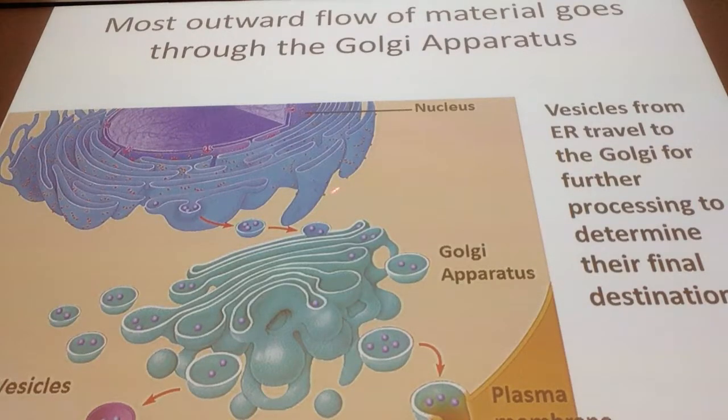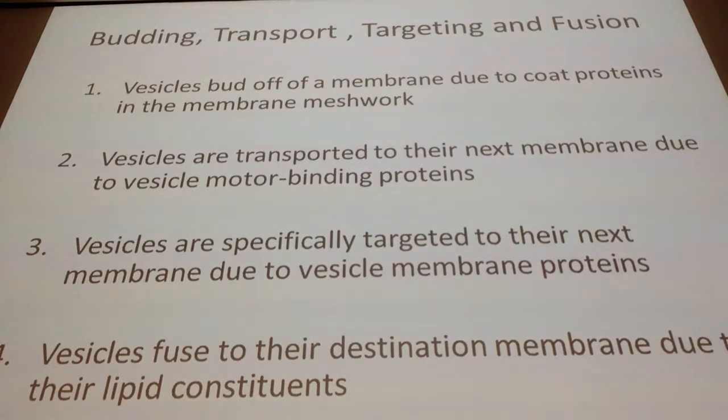So therefore, the ER membrane right here, on this side there should be the cytosolic submembrane protein meshwork, right? The same cytosolic submembrane protein meshwork is also on the cytosolic side of the vesicle, which is then also on the cytosolic side of the Golgi apparatus. Does that make sense? So again, once cytosolic, always cytosolic. Once non-cytosolic, always non-cytosolic. Okay.